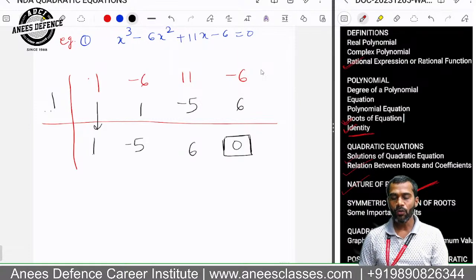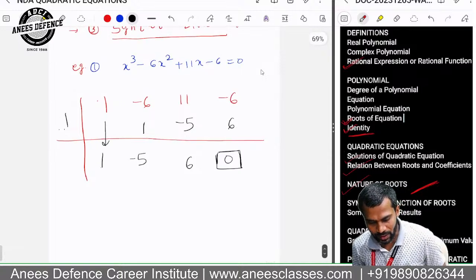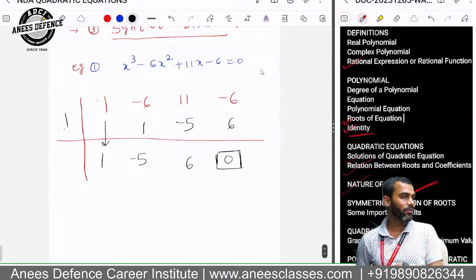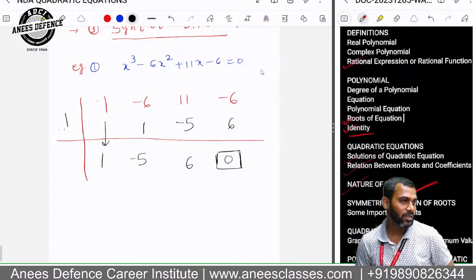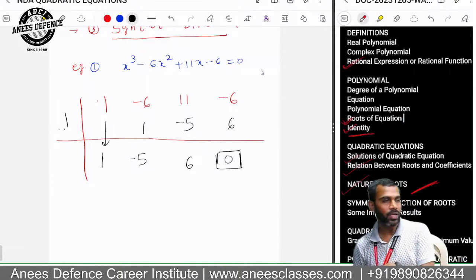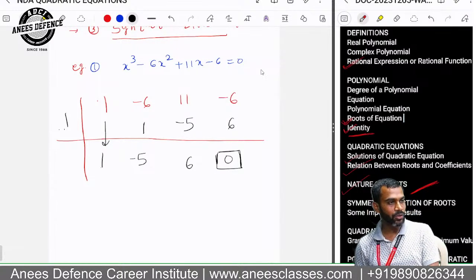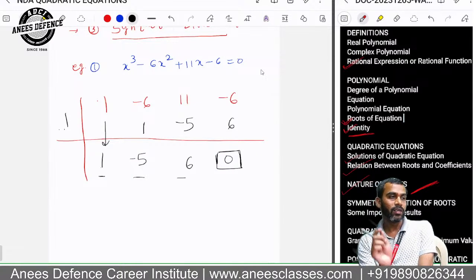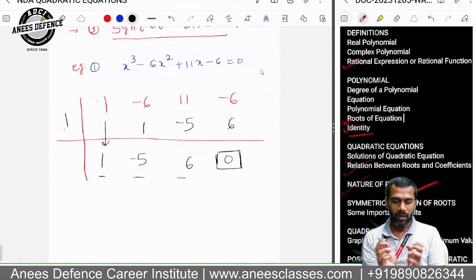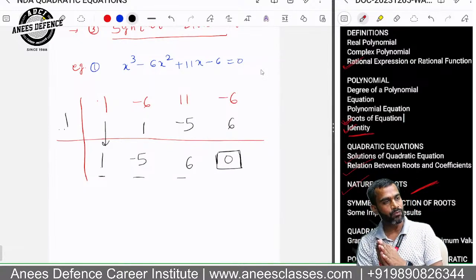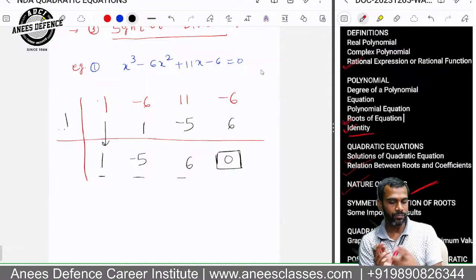Now, always remember, basically this is polynomial division without using the variable. We are dealing with only coefficients. If you divide, the remainder would be 0, and these are the coefficients of the quotient polynomial. The degree of the quotient would be 1 less than that of the dividend.